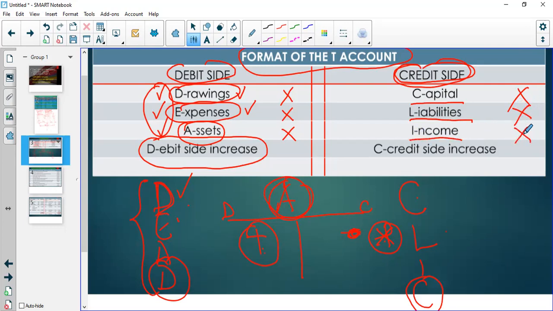All right, they increase on the credit, which means that all the items that increase on the credit side will automatically decrease on the debit side.